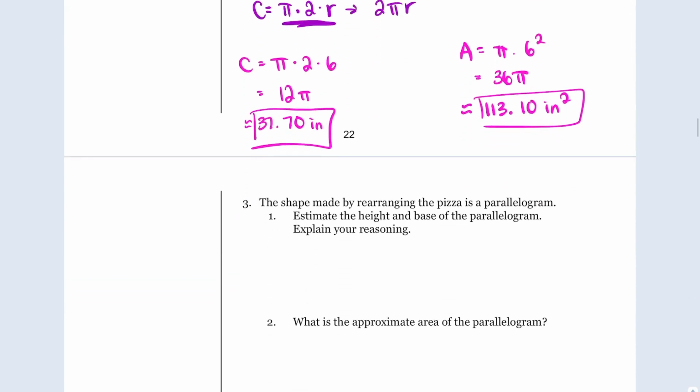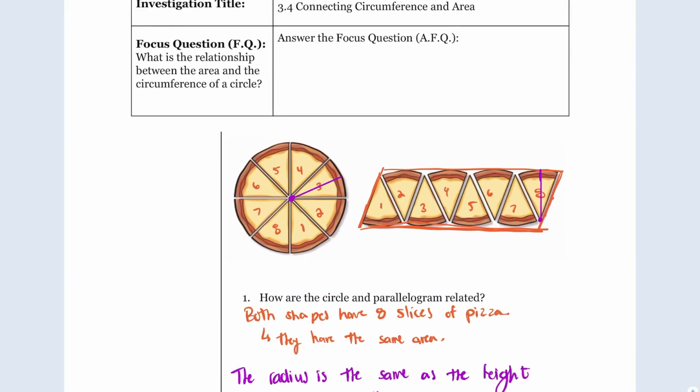Okay. We already talked about question 3.1. Estimate the height and the base of the parallelogram. Well, we've talked about part of it. We know the radius is equal to the height of the parallelogram. But now we need to find the base of the parallelogram. If you notice here, we have 1, 2, 3, 4 pizza slices, and 4 pizza slices in the circle is exactly this.